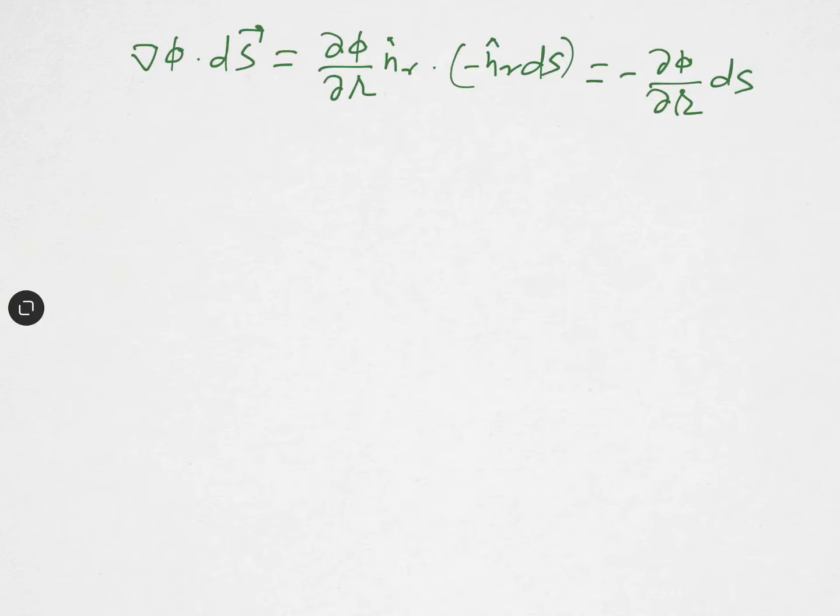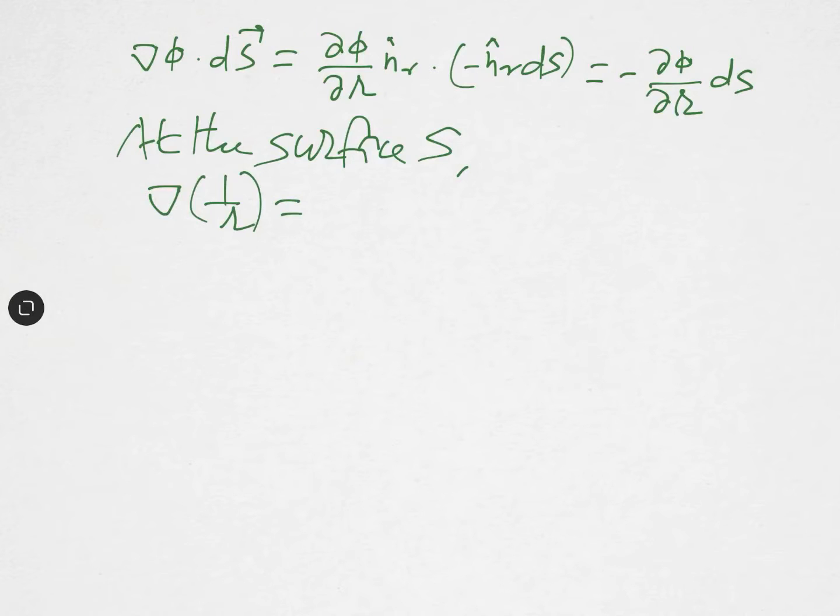But now we will evaluate the gradient of 1 over r over the surface S. So at the surface S, del 1 over r will actually be equal to del r 1 over r dot n r hat, and this will be simply minus r over r cube.